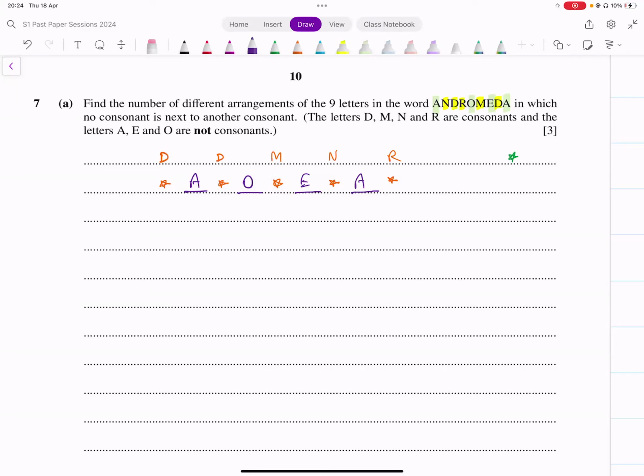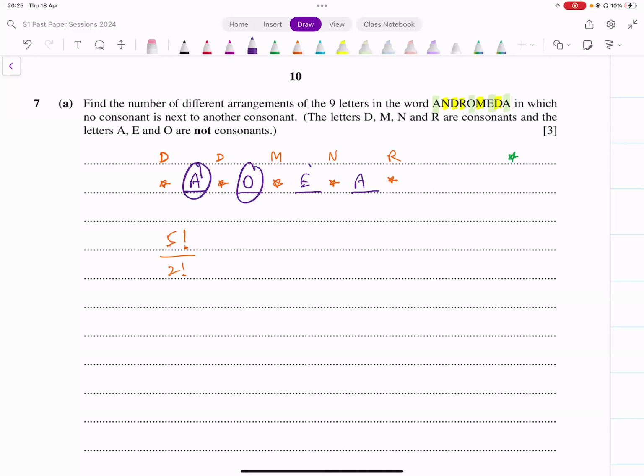Now, in how many ways can we arrange these? What are the possible arrangements for consonants? How many consonants do we have? 5, and there are 5 places for the consonants. And how many ways can we arrange them? 5 factorial, right? However, 2 of them are identical. They are 2 Ds. So because of that, we divide by 2 factorial. And what about the vowels?